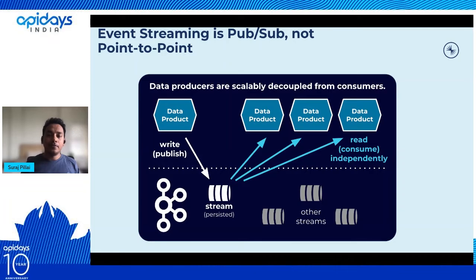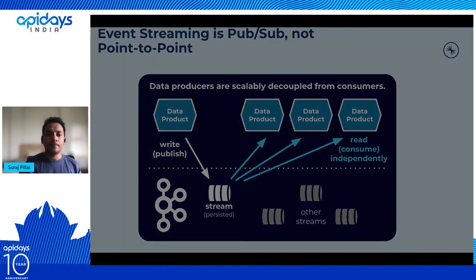For example, tomorrow, you have this requirement wherein a new application comes in, and they say, hey, I want to go through all the orders which have happened in the past, let's say, 1 year. All they have to do is just subscribe to the Kafka topic and go back in time 1 year, and they'll be able to retrieve all the orders which have happened in the past 1 year because the data is there based on whatever configurations you have set.